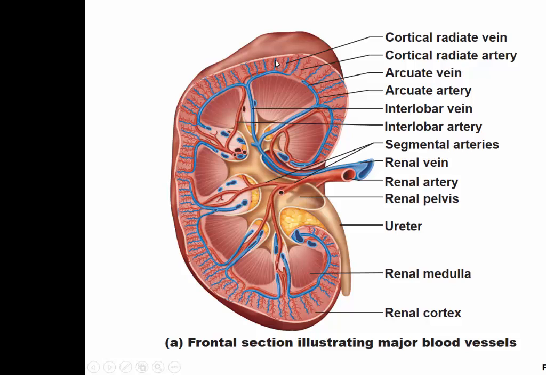And then we have these small branches coming off of the arcuate vein and artery, and these are the cortical radiate arteries and veins. So cortical refers to cortex. Radiate, just think that they radiate outward. So that's what those small vessels are.